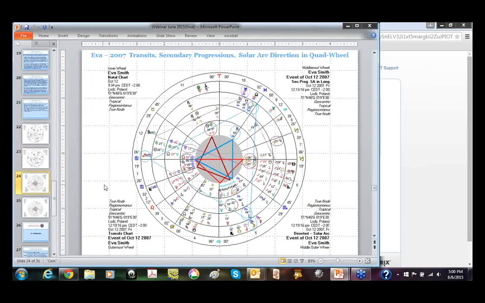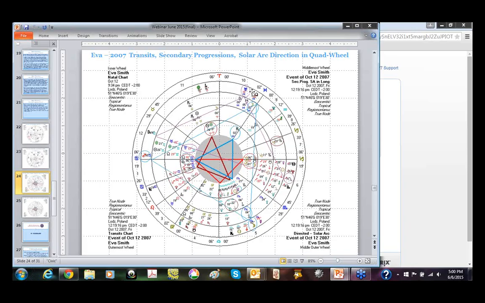Okay. Let me put this up. See, here's everything together. This is the transits that we've got in the outer wheel, and it's got those two smaller wheels that we showed. Here's her natal. Here's the secondary progressions. Here's the solar arc progressions.